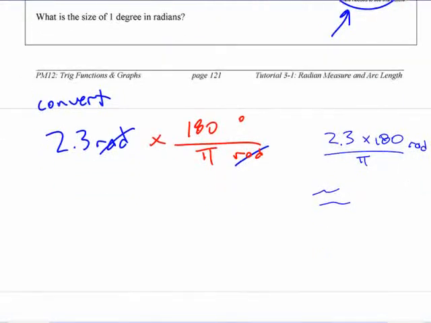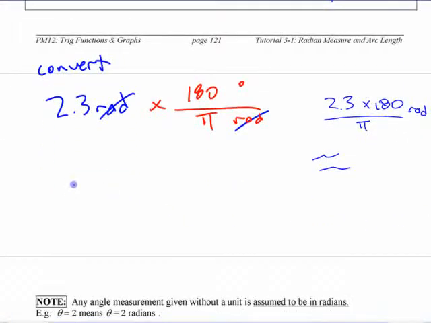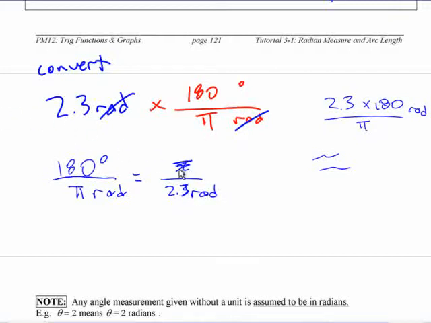Or, of course, you can write a proportion down and say 180 degrees is equal to pi radians. So if I want 2.3 radians, then just call this x and solve for that in your proportion.